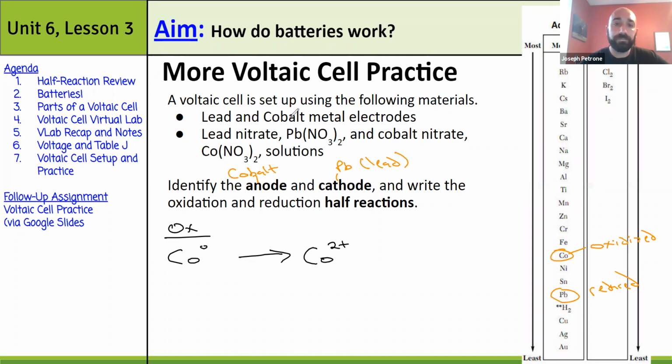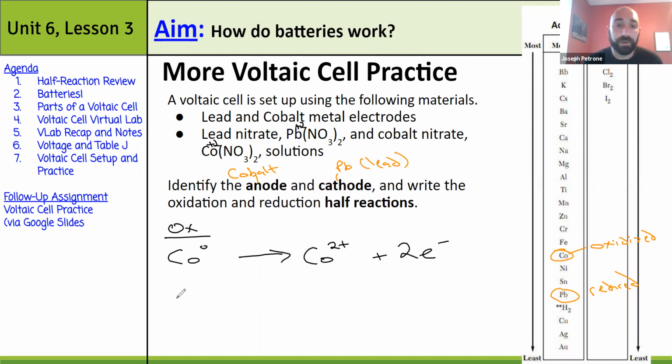In this case, we have only 2 nitrate ions here, so Co is going to be 2+, as is lead. And because we're going from 0 to 2+, we must also lose 2 electrons. This would be our oxidation half reaction.